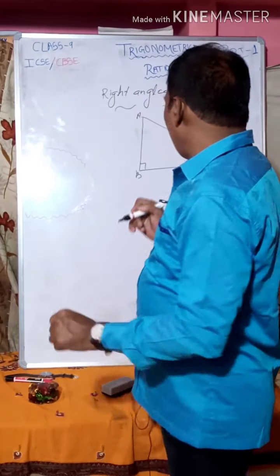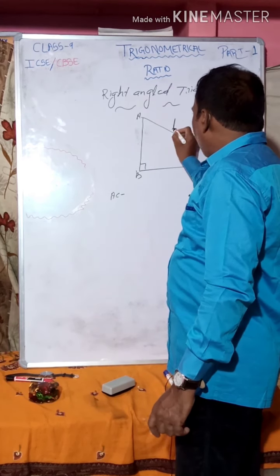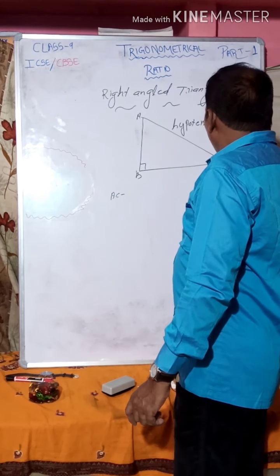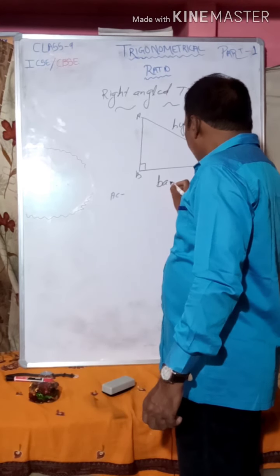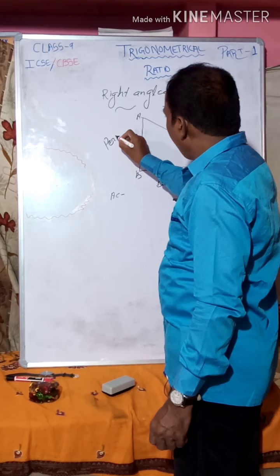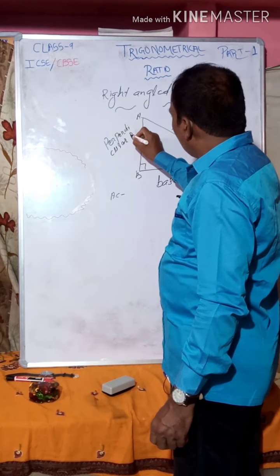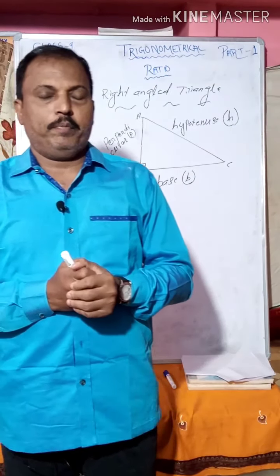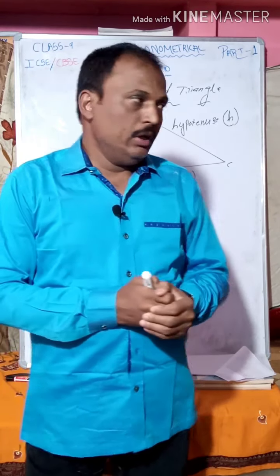Now look, the biggest side is AC. It is the hypotenuse, or shortly we write it H, and this is the base, short form B, and this is the perpendicular, short P. These are the 3 specific names of a right angle triangle: perpendicular, base, and hypotenuse.